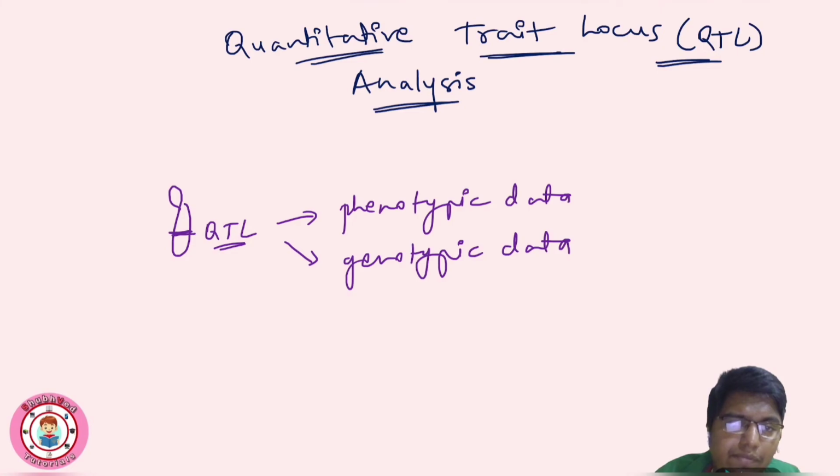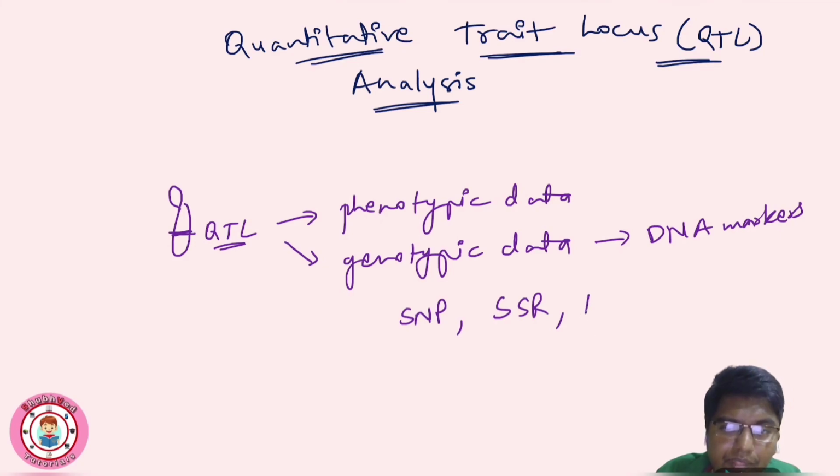And for genotypic data, we use the DNA markers. Okay, so I will write here about genotypic data. DNA markers we use. Okay, so the DNA markers used are basically SNP, single nucleotide polymorphism, SSR, simple sequence repeats, right, then RFLP, restriction fragment length polymorphism.